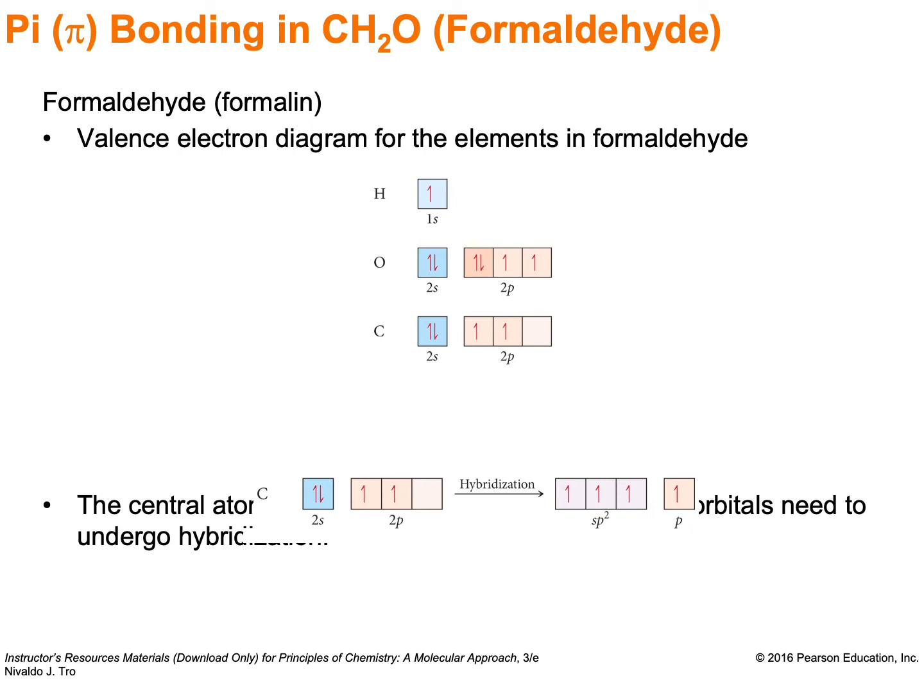But after being hybridized, you have 3 sp2 hybridized orbitals that will form the sigma bonds from carbon to 2 hydrogens and 1 oxygen. These hybridized orbitals, the sp2, will form the sigma bonds. The pi bonds are formed with the 1 electron in the p orbital of carbon, along with 1 electron in the p orbital of the oxygen atom.